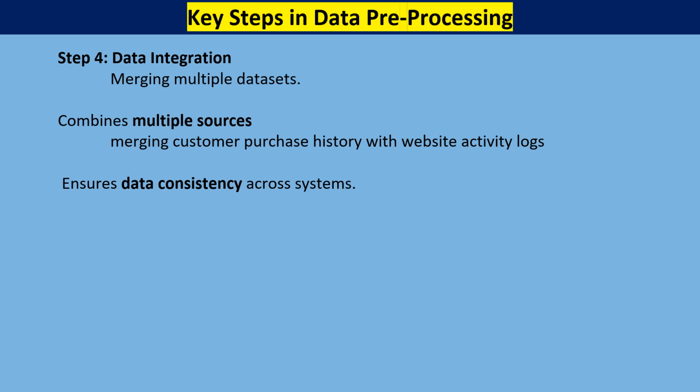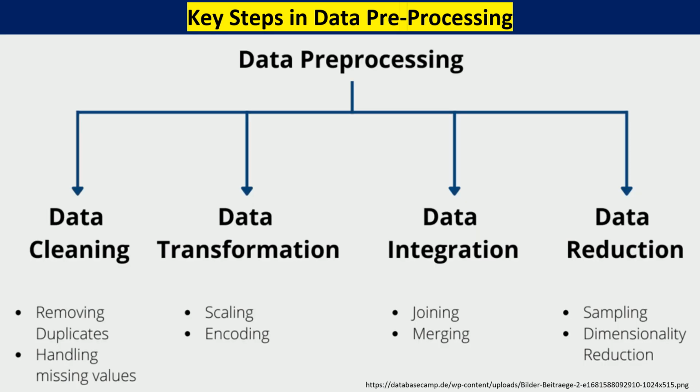And for the wardrobe example, integration is combining different clothing items for a complete outfit. So finally, the key steps in data pre-processing are data cleaning, data transformation, data integration, and data reduction.